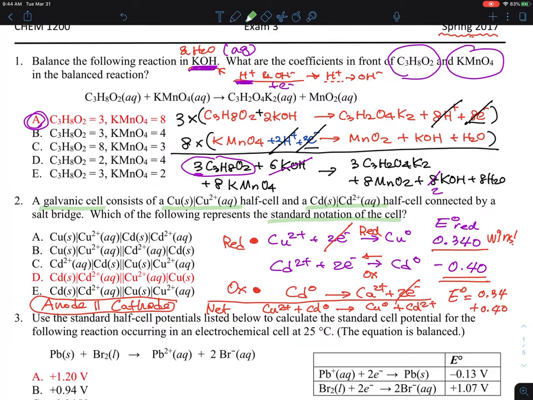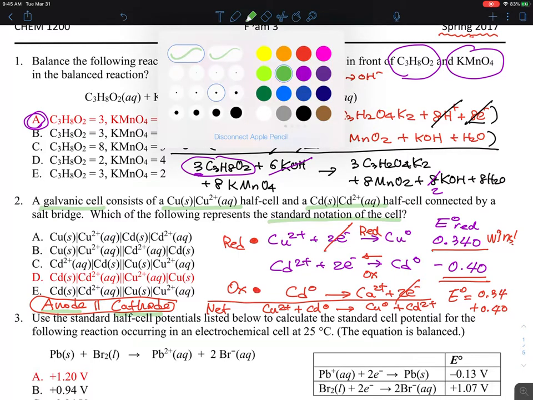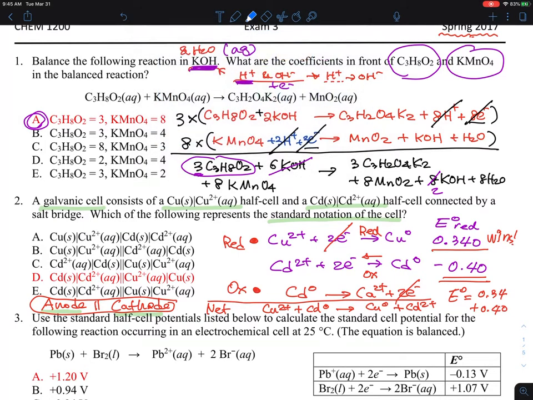And then there is a little trick that people talk about, the anode and cathode. Anode is ox, and cathode is red cat. Okay, so you have to think about the ox versus the cat, and the cat is always reduction.